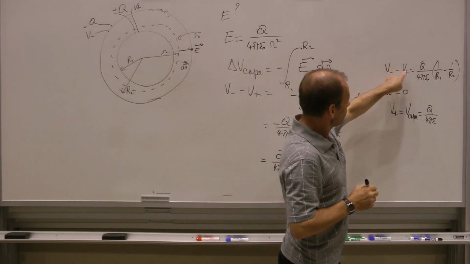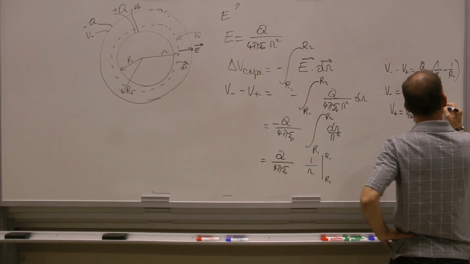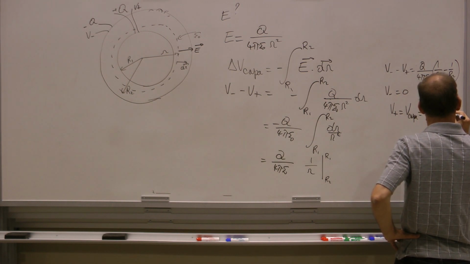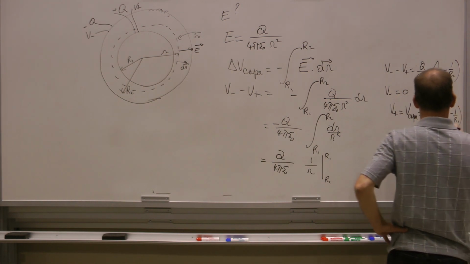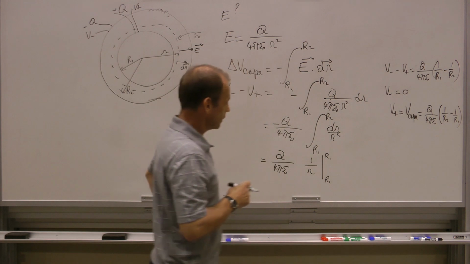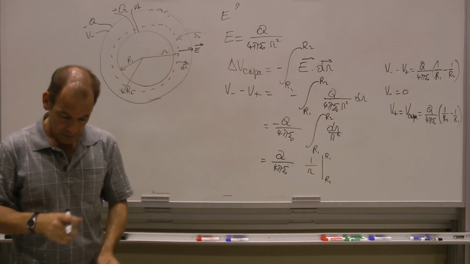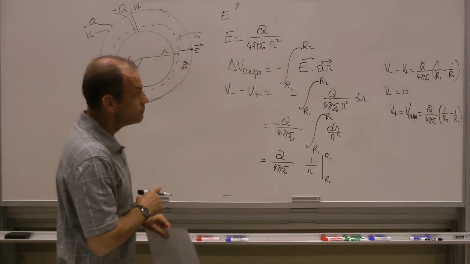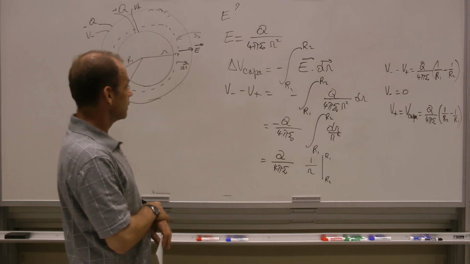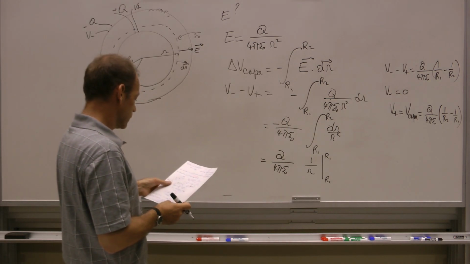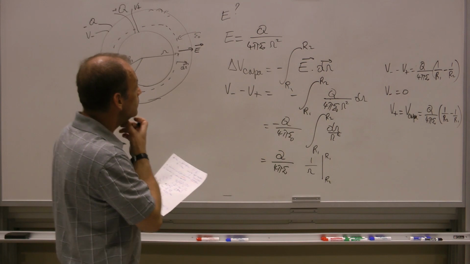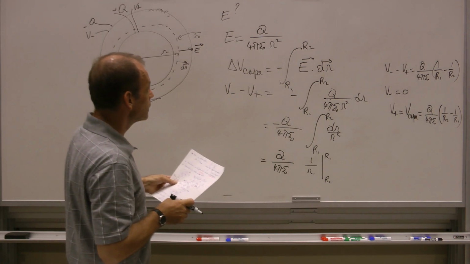So now the negative sign is coming in, so I need to flip this. I have 1 over R2 minus 1 over R1. And I hope I didn't make any sign error on the way, which would appear that there is one sign error. Where did I get my calculation wrong?